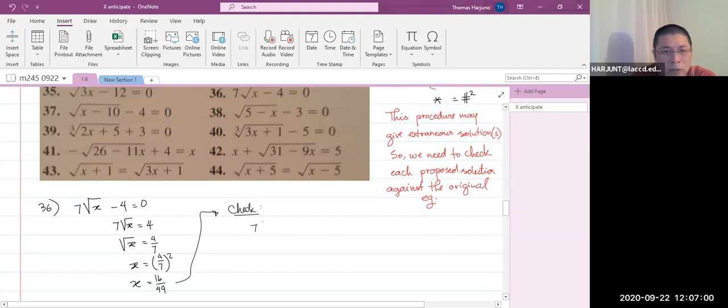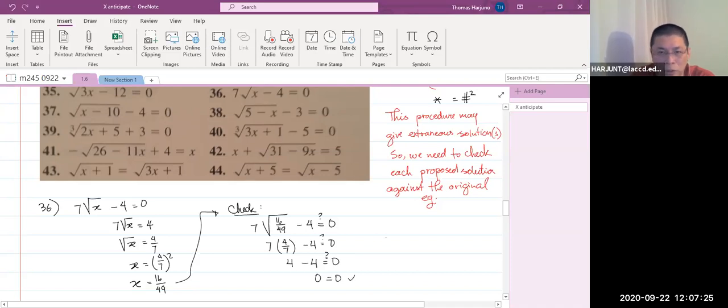So 7 times square root of 16 over 49 minus 4 equals 0? Yes, we put a question mark above the equal sign when we check that.